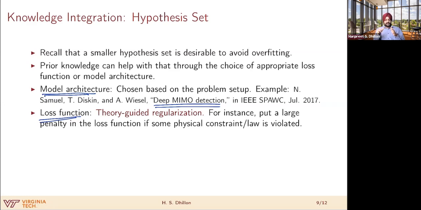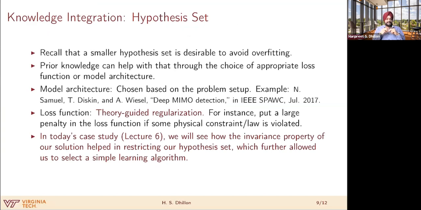So here, this is theory-guided regularization, because what you are trying to tell your machine learning model is that whenever there is a large penalty loss, you are trying to push your learning algorithm away from a certain type of functions, which will violate whatever physical constraint you have in mind.